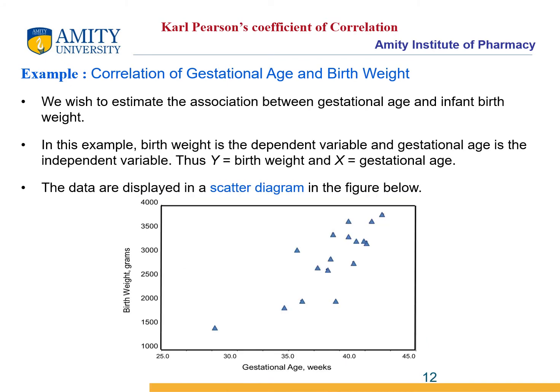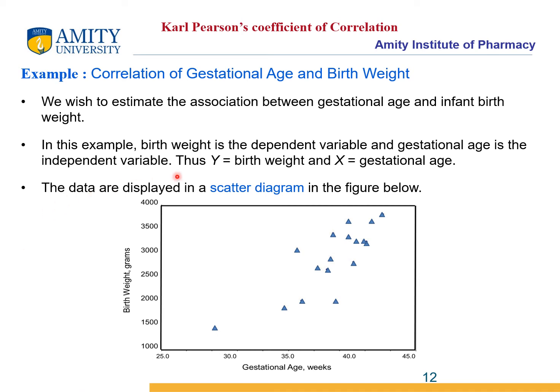If we wish to estimate the association between the gestational age and infant's birth weight, we have to do it in this way. In this example, birth weight is the dependent variable. As we all know, weight is a dependent variable and it depends on certain factors, while age is an independent variable; it does not depend on any factor, it will grow accordingly on its own without being dependent on any other external or internal factors.